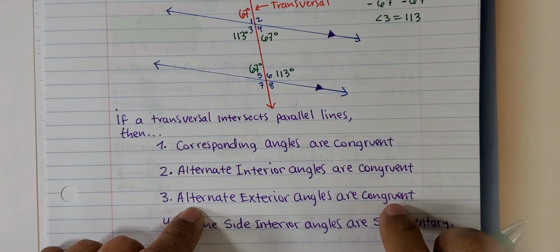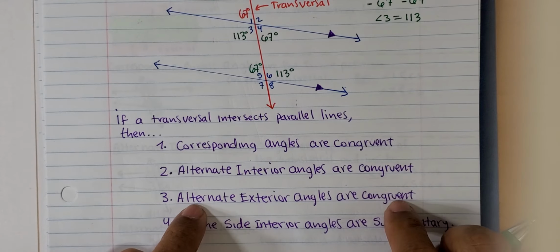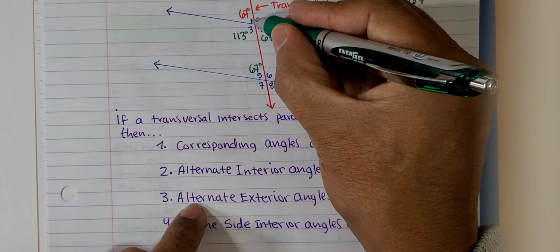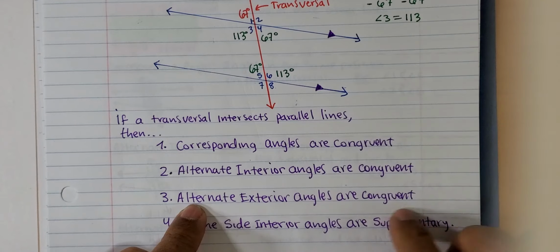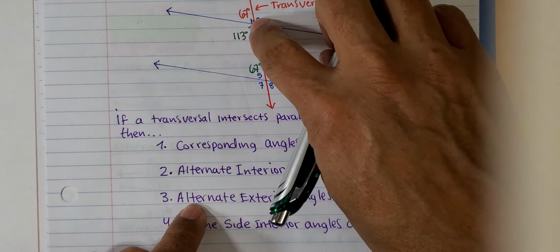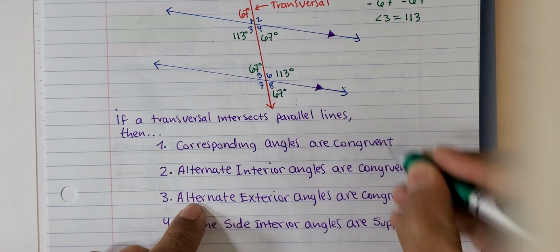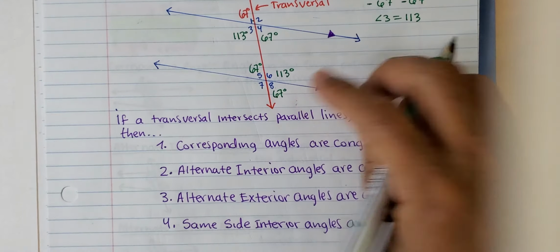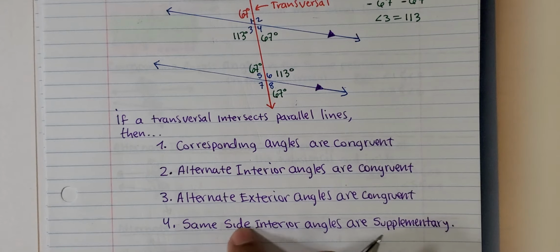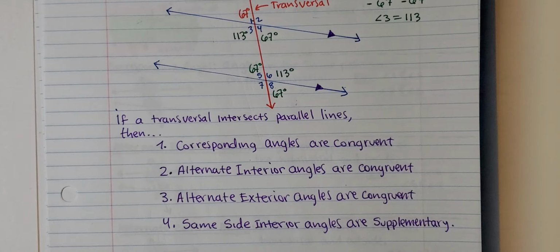Now we need alternate exterior. Angle 1 and angle 8 are alternate exterior, and this is saying that those angles are congruent. So if one is 67, then angle 8 is also 67, right? This one says that same side interior angles are supplementary, so that one we have used already.